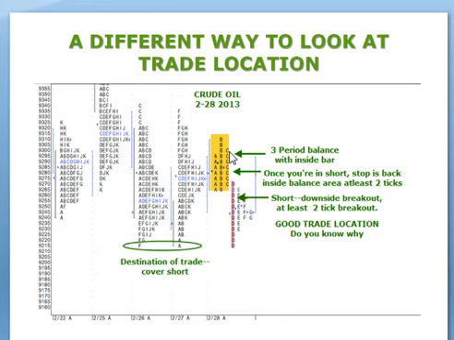I had a 3-period balance. The 2 best trading opportunities you'll ever find are when you have an excess high or low or when a market comes out of balance. And that is for any time frame, whether it be yearly, weekly, or short time frame. The 2 most significant things you'll ever deal with are excess and balance.